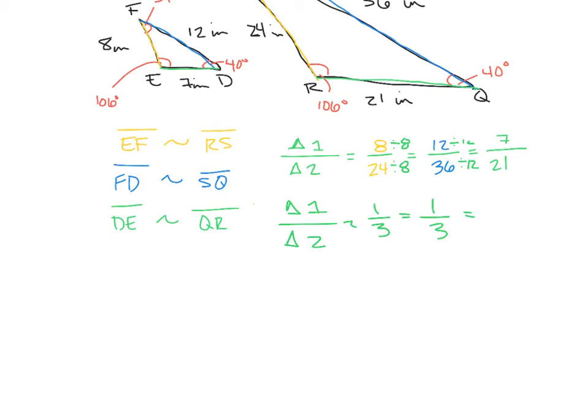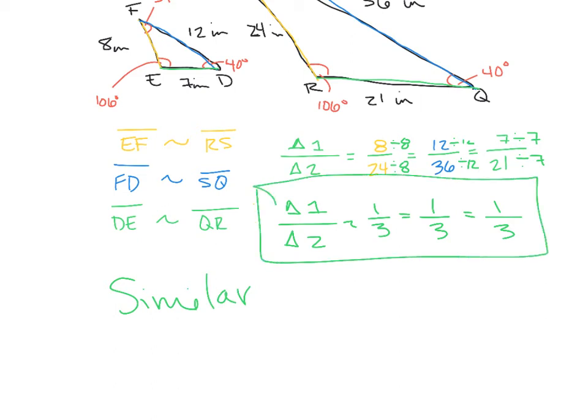And then you got to think of the biggest number that goes into 7 and 21, which is 7. 7 divided by 7 is 1/3. So that's how you tell. So they are similar because they all simplify to the same fraction.